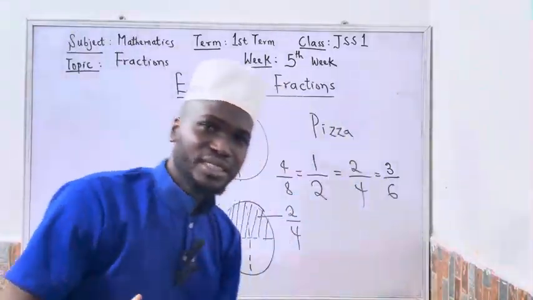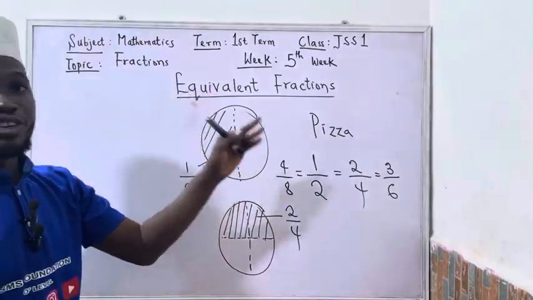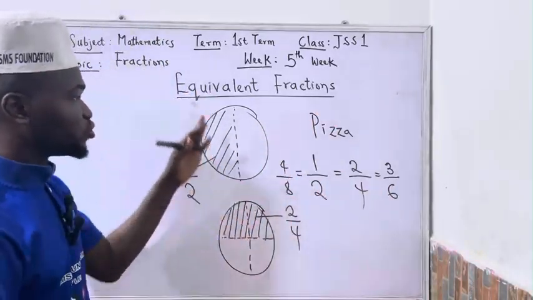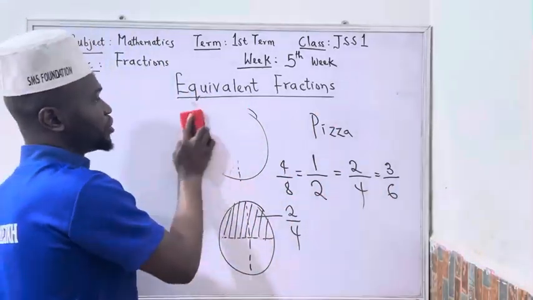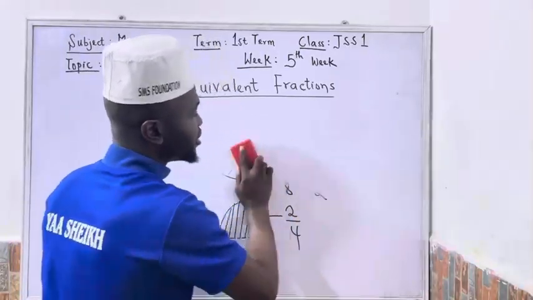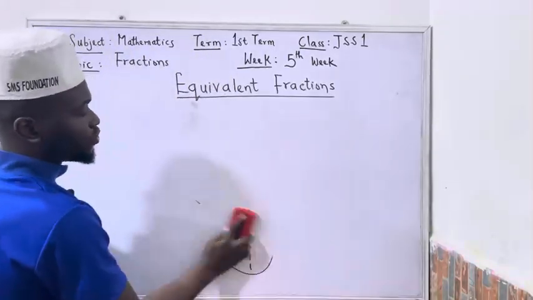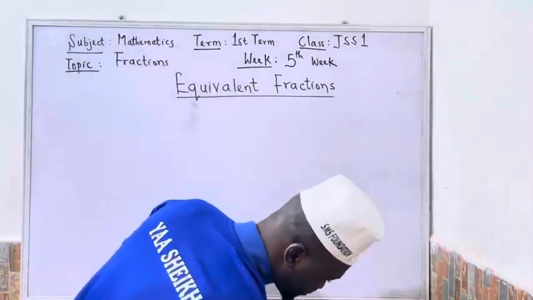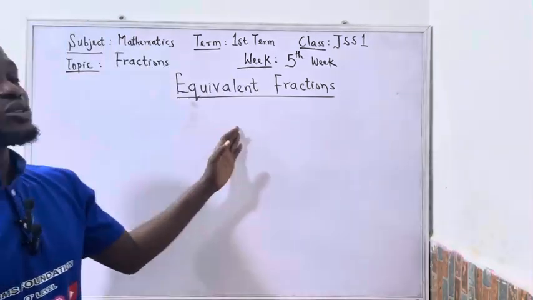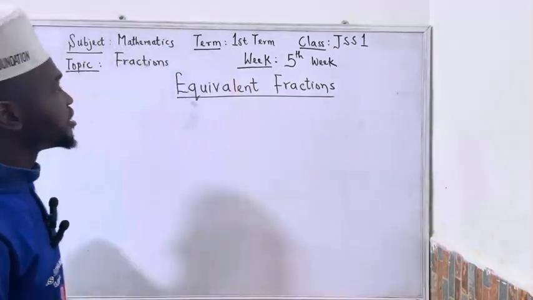Now, let's see how we can apply equivalent fraction, what we can use it to solve in mathematics. Equivalent fraction can be used to find missing number in a particular arithmetic equation.